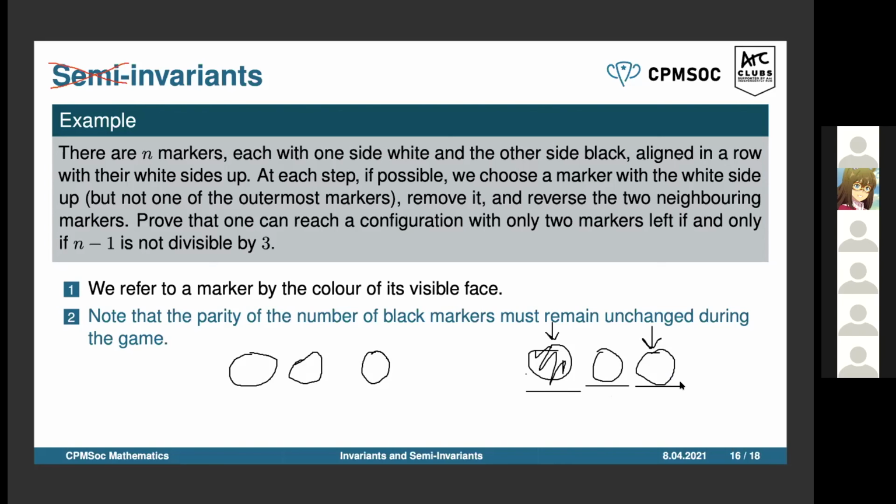And that's why it's important that we have the restriction that the marker we remove is not only white, but it has to be on the inside, because it has to have a marker to the left and to the right for that invariance to hold. If we only have two markers left, then we're saying they have to be the same color.